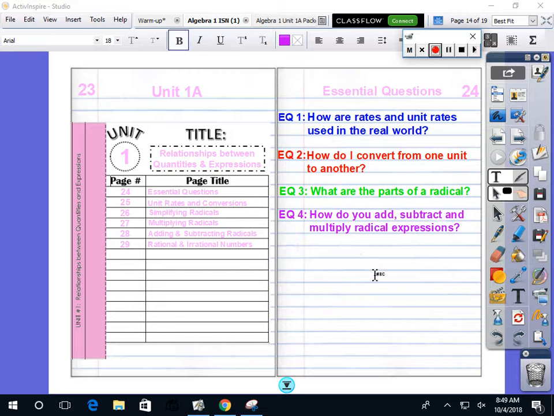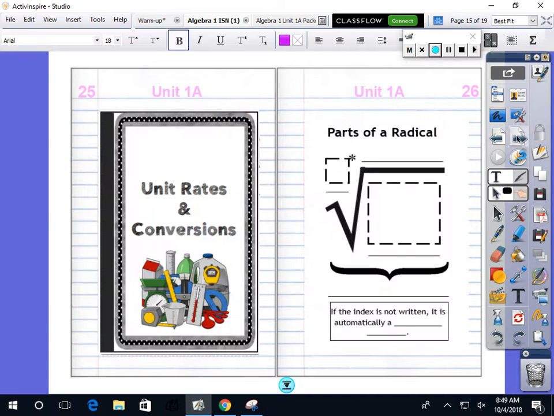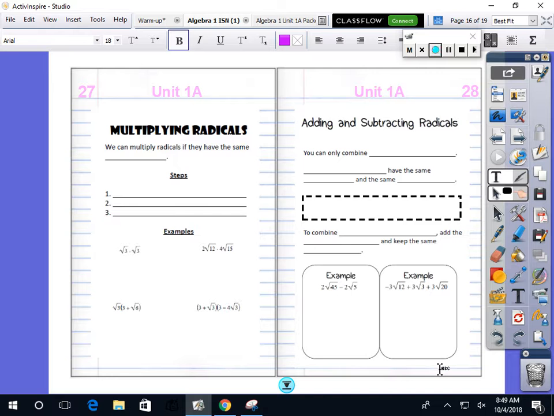Okay, does everybody have Essential Question 4 copied? Okay, so today we're going to learn how to add, subtract, and multiply radical expressions. Now, that's going to be on pages 27 and 28. So I want you to go ahead and glue down those pages that you were just given on 27 and 28.